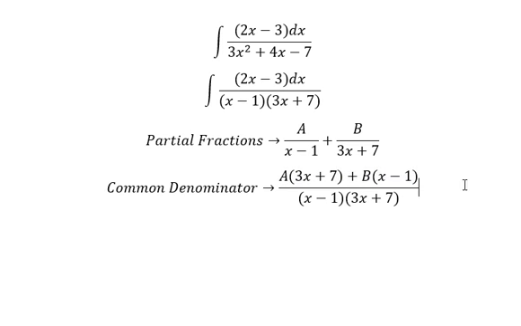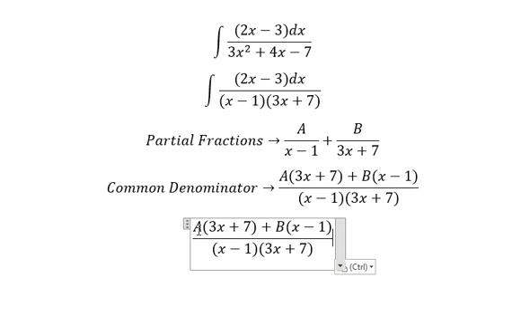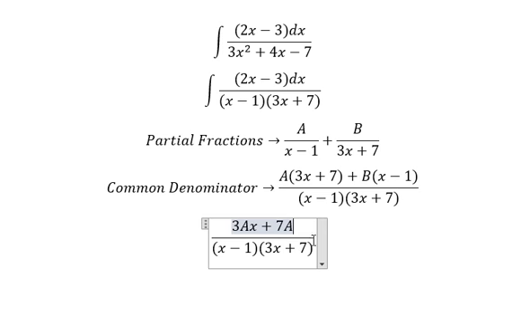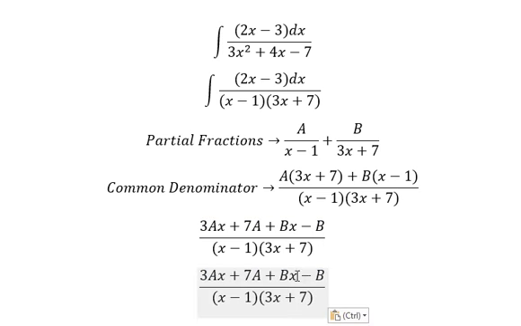Next we need to expand on the numerator. So that should be 3as plus 7a. This one we get bs minus b. Now we need to arrange based on the term of s.